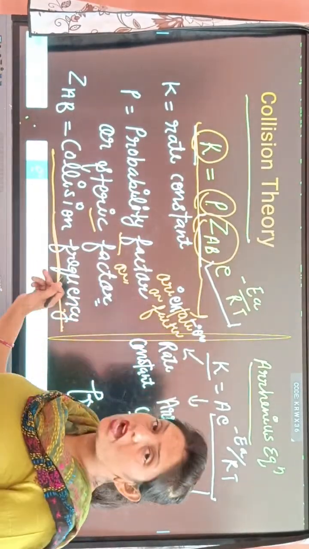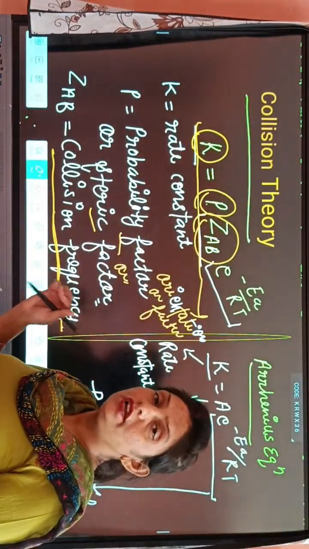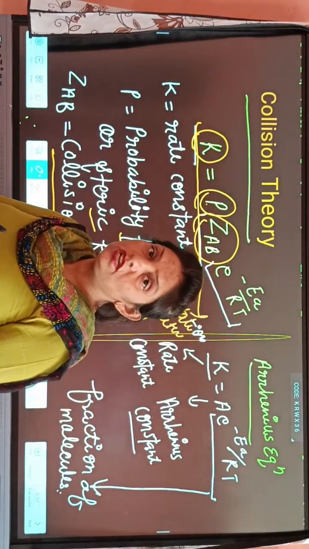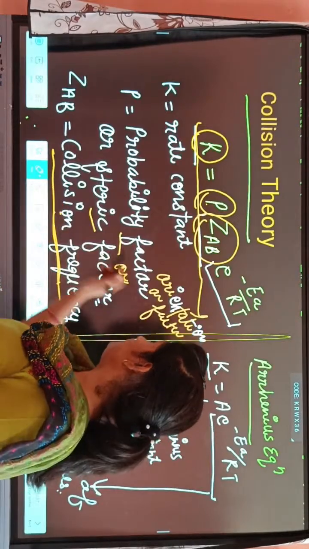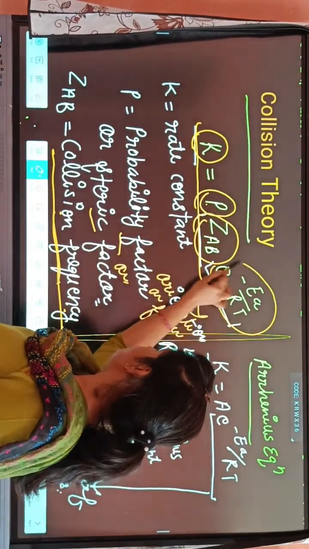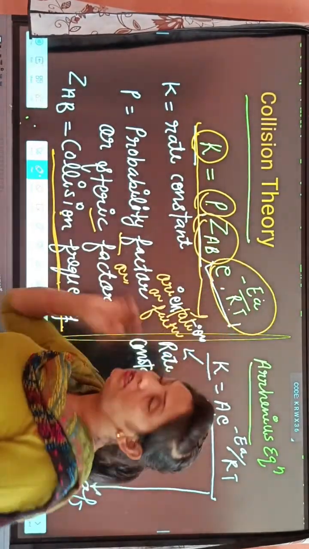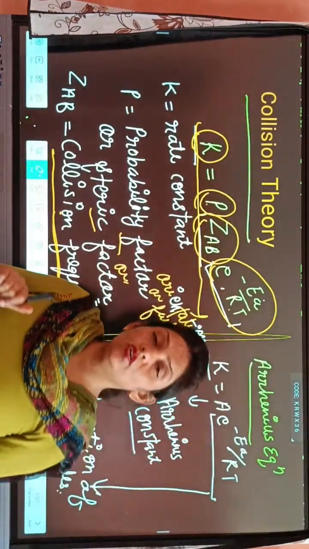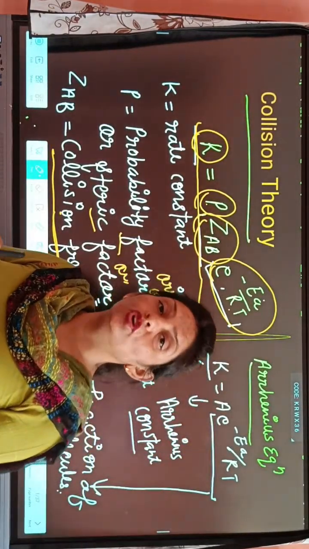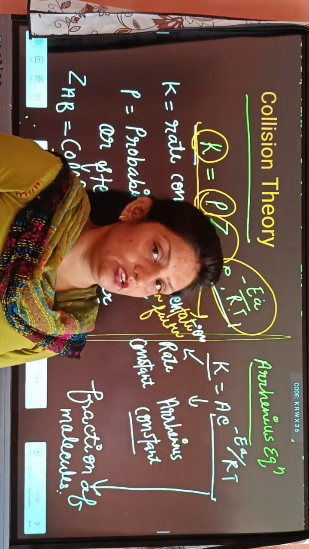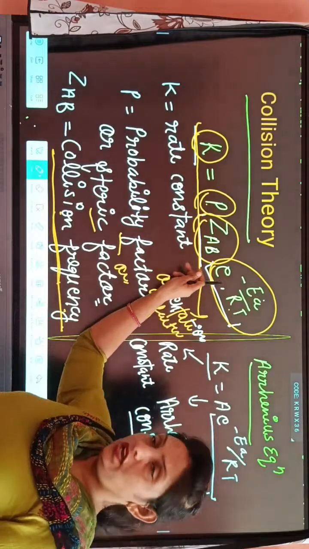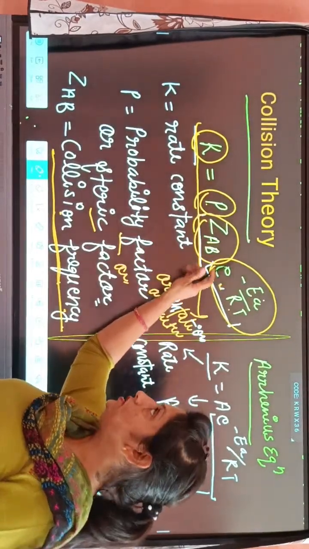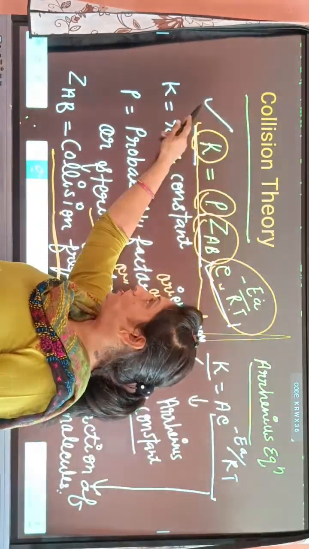Collision frequency means how many collisions take place in 1 second per unit volume. And e raised to the power minus Ea by RT is the Boltzmann factor, the fraction of molecules which have kinetic energy greater than the activation energy. So this is all about the collision theory.